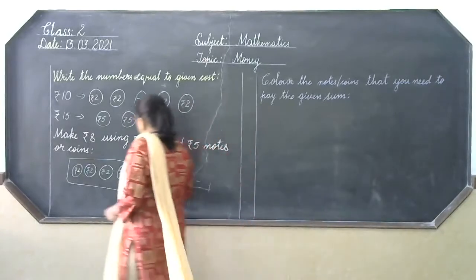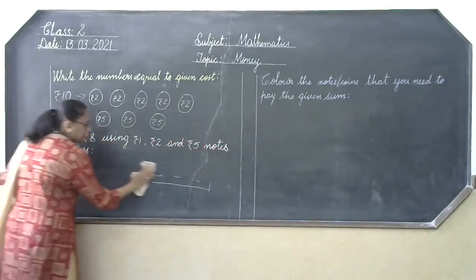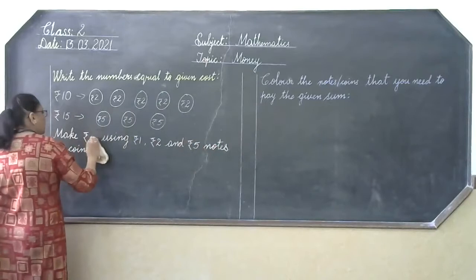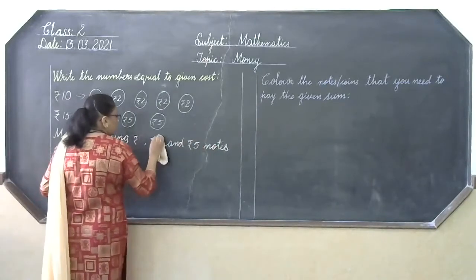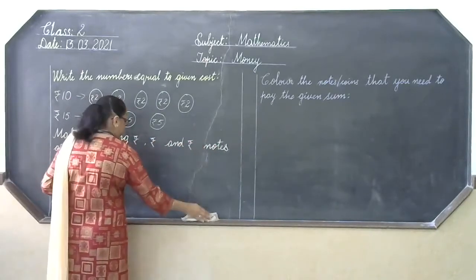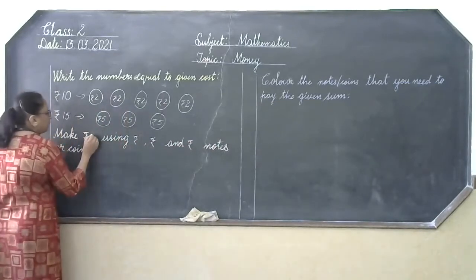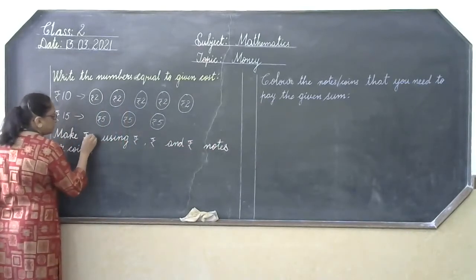Now, one more example I will show you. Now I'll ask you to make some other rupees using some notes, children. See, for example, make rupees 50.